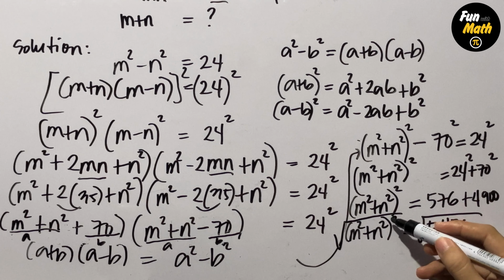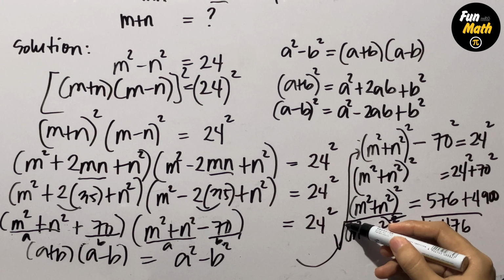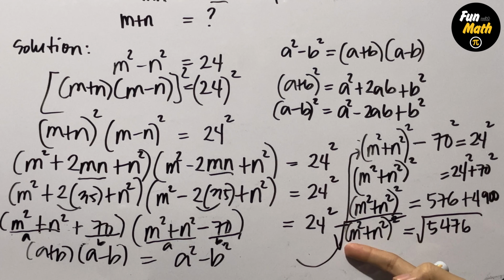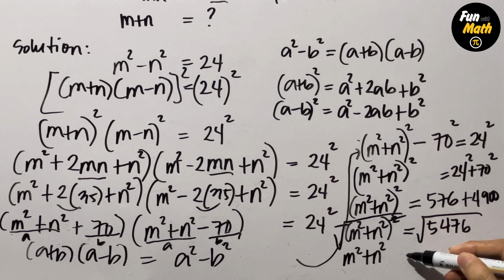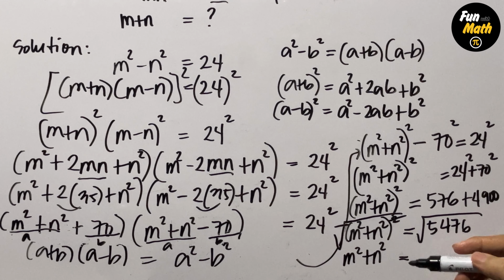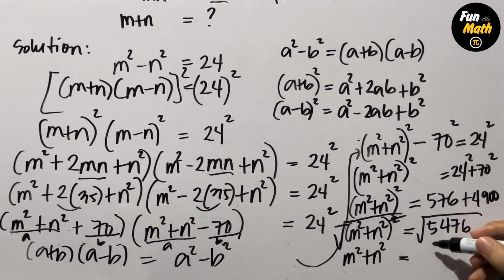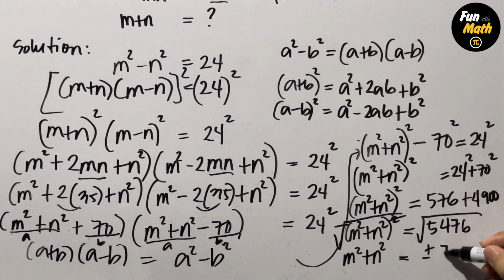Now let's remove this squared by inserting a radical on both sides. So this is cancelled, and also the radical. Now the remaining is m squared plus n squared is equal to the square root of 5,476, which is positive negative 74.